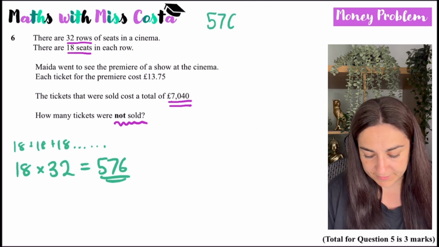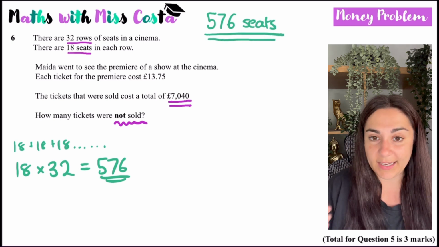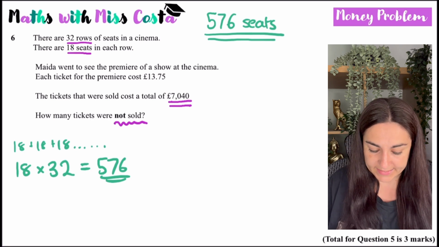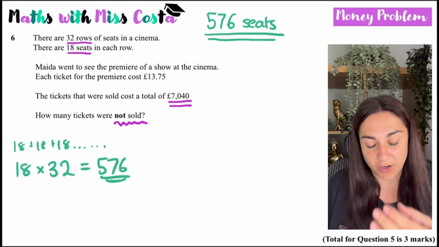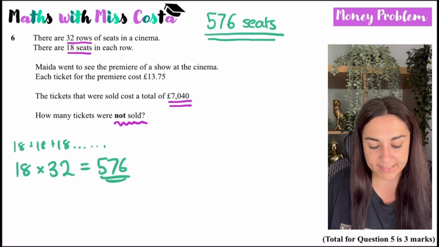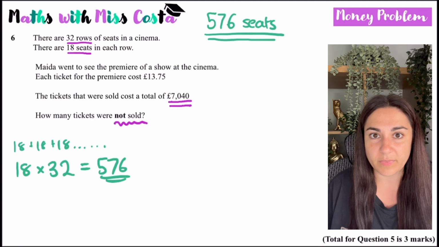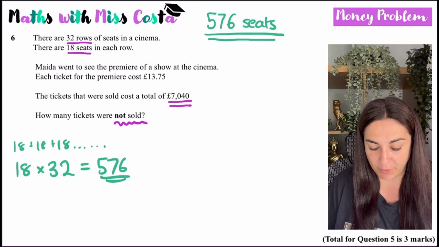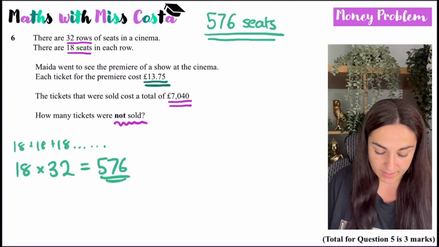Now, I know that each seat has the potential to be sold, and if I did sell each seat, that's £13.75 that I would have charged. But the tickets that were sold cost a total of £7,040. So what I can do is figure out how many tickets must have been sold by dividing.